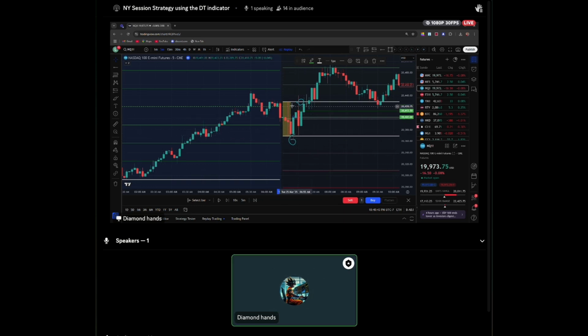So all three of these candles did not close above the open range breakout. So if you're gonna go for the breakout, then you're not gonna take a trade, because none of those candles close above it.